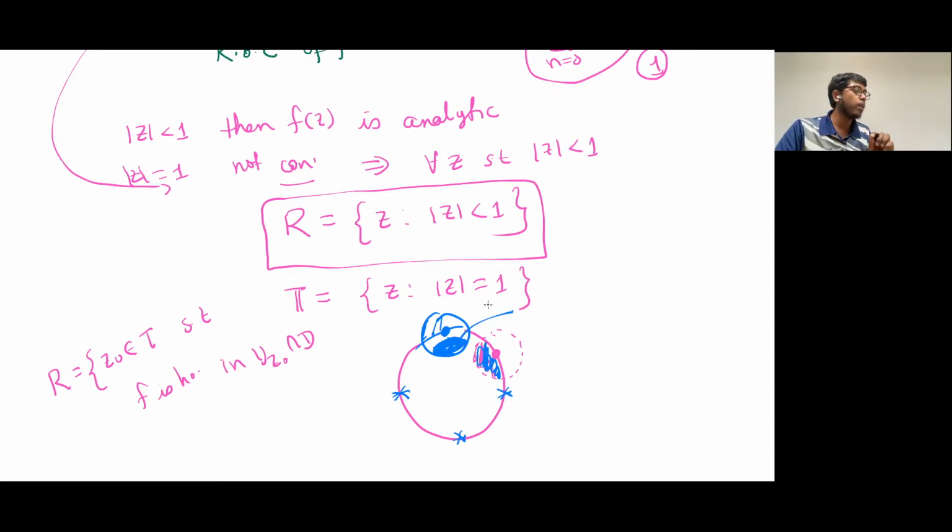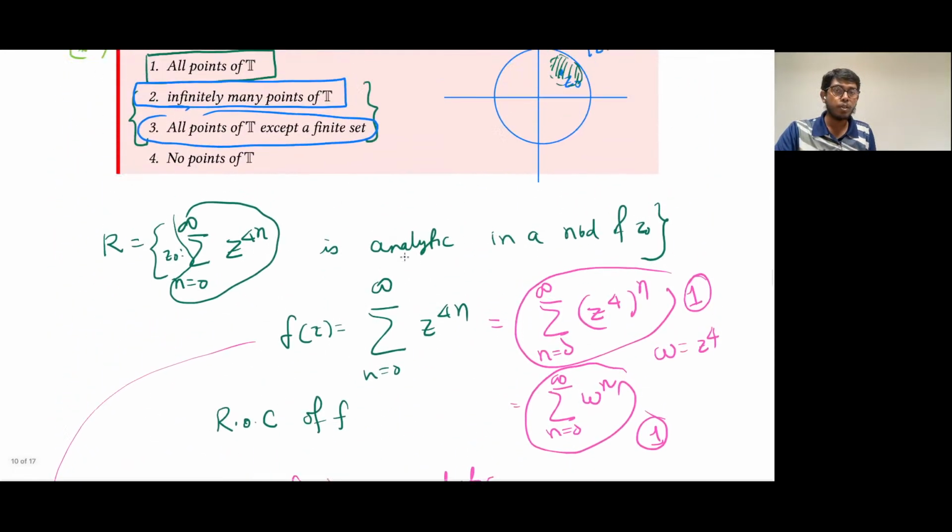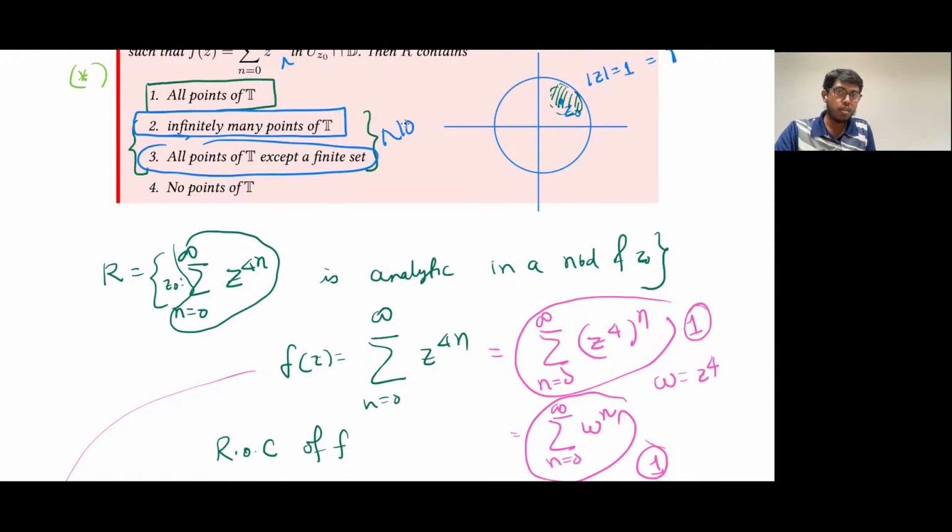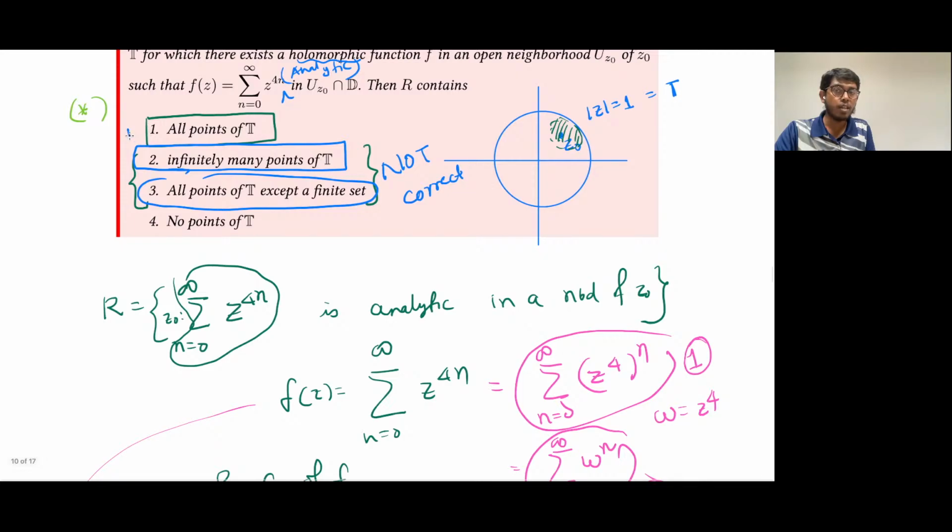So these two are not correct. The correct answer is all points of T, because if you consider a neighborhood of Z naught, then U of Z naught intersection D is the interior region, and there F is analytic.